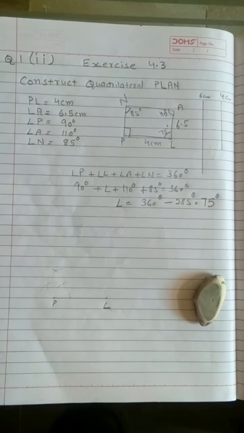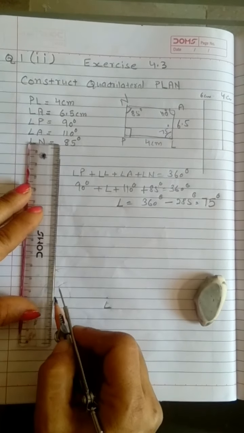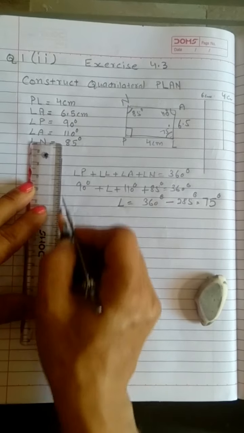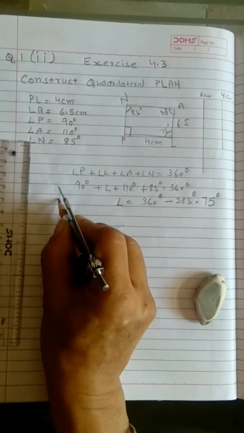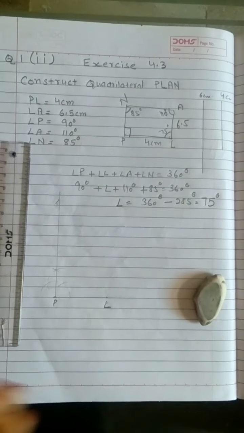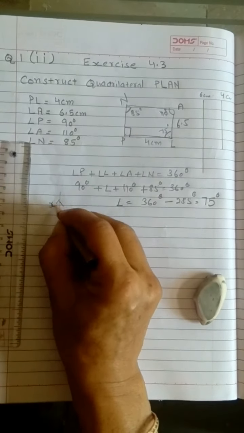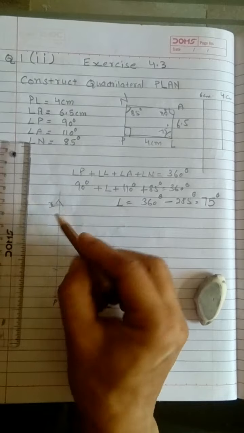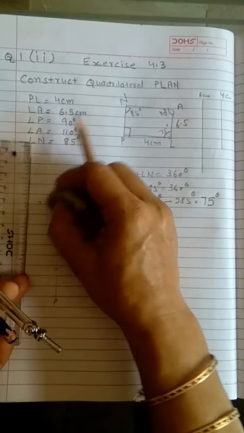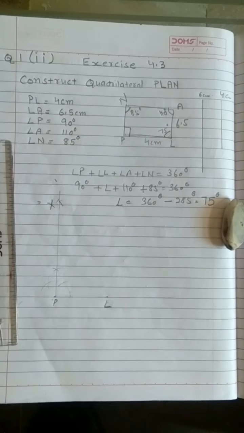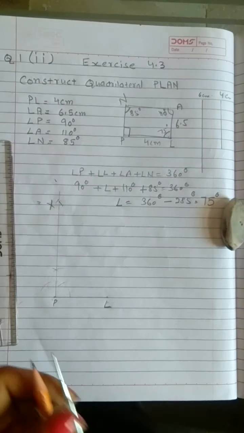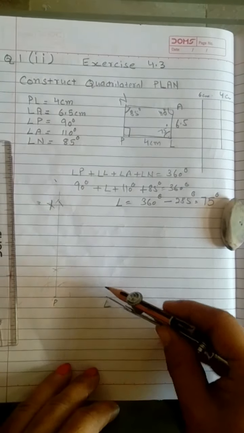So it's your 90 degree angle. Draw ray PX, because I don't know this length, so I'll give it the name X. So this angle XPL is 90 degree.